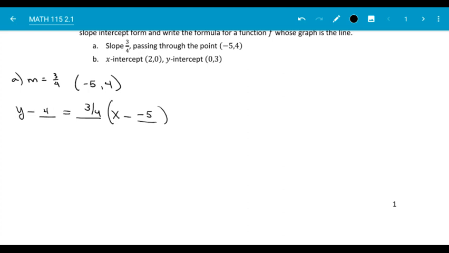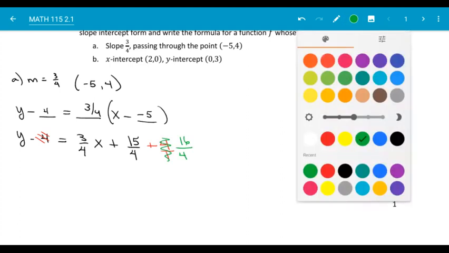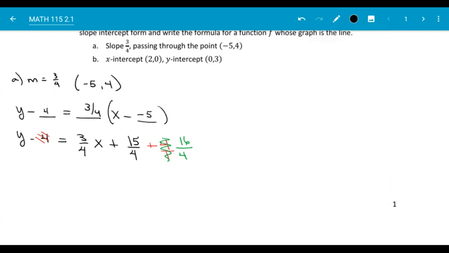All right, so if we go with this, we've got y minus 4 equals 3/4 of (x minus -5), which makes this a plus, so 15/4. Then we would need to add 4 to both sides, and that's currently 4 over 1, so we would need to get a common denominator of 4, which would make that 16 over 4. 16 over 4 is still 4.